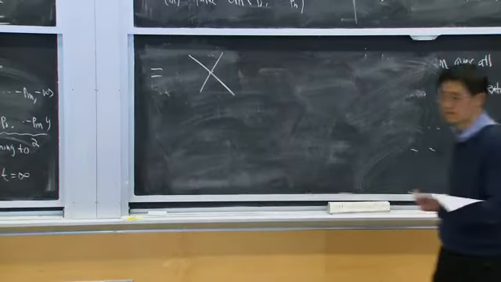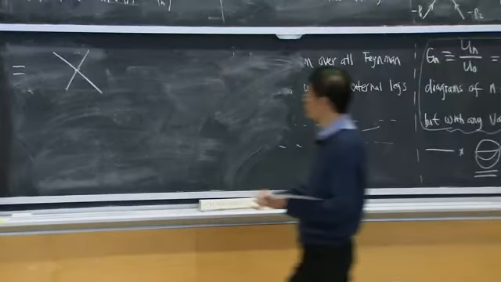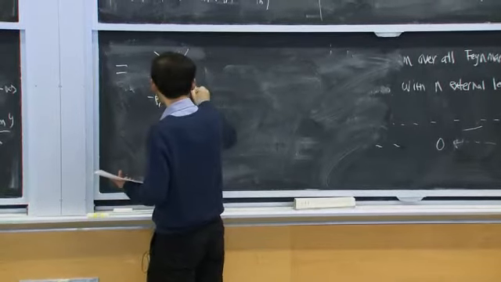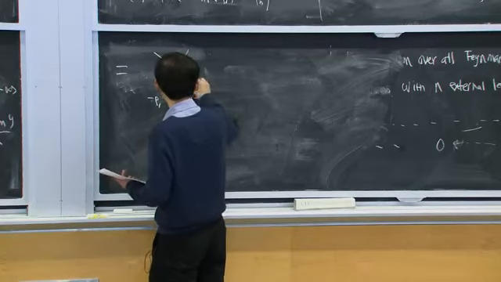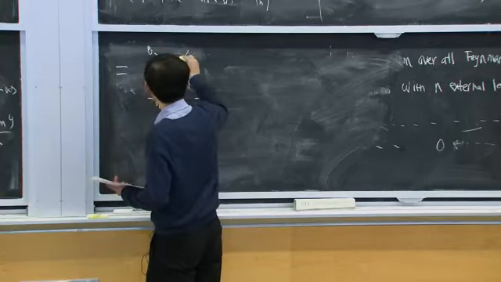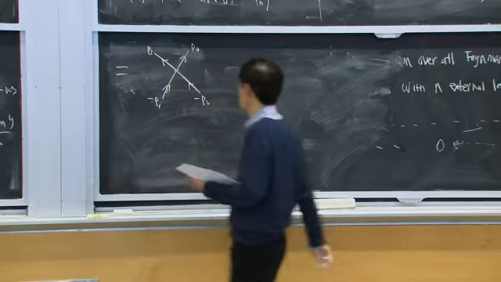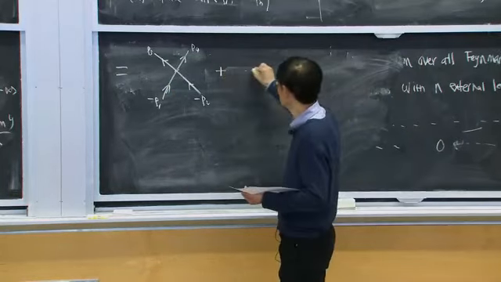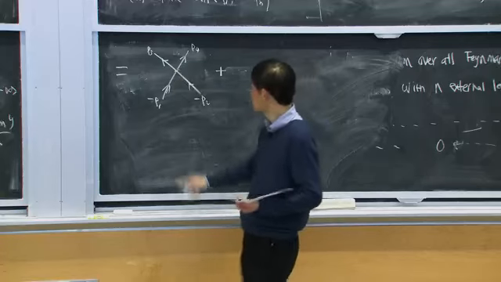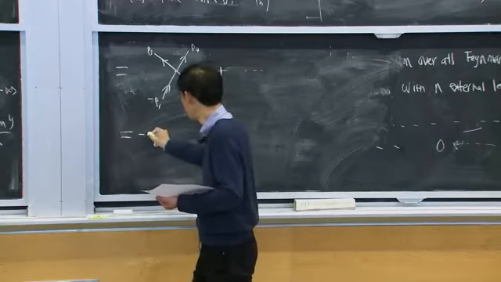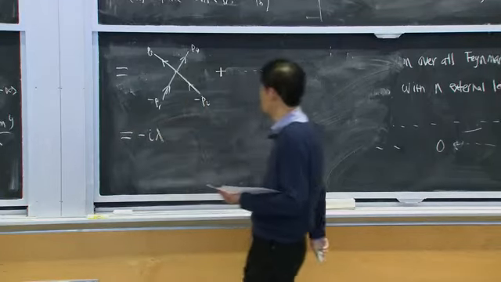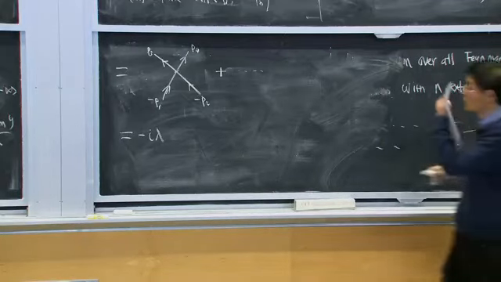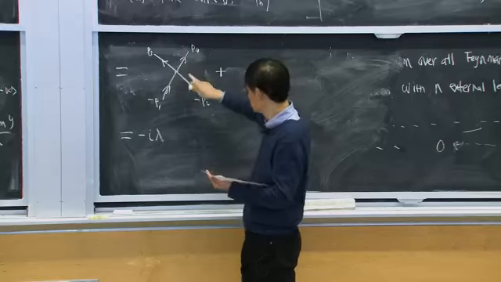And then you have minus P1, minus P2, and then P3 and P4. Now, according to our Feynman rule, this vertex just gives you a factor of minus i lambda. If we want to calculate this Green function, then we need to include all these four propagators.